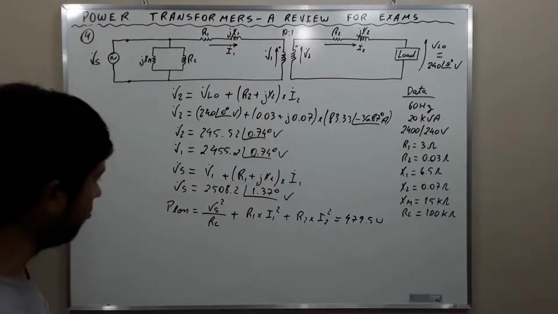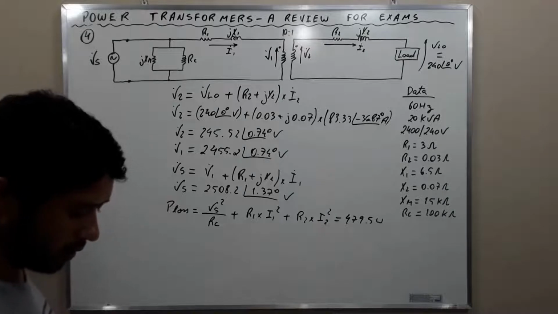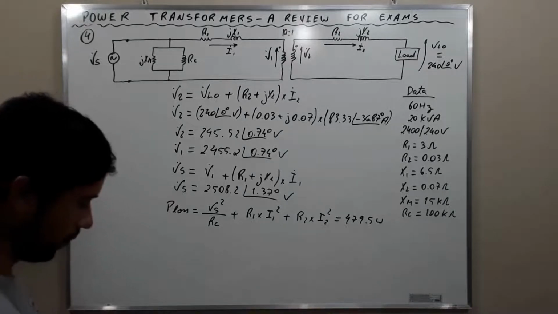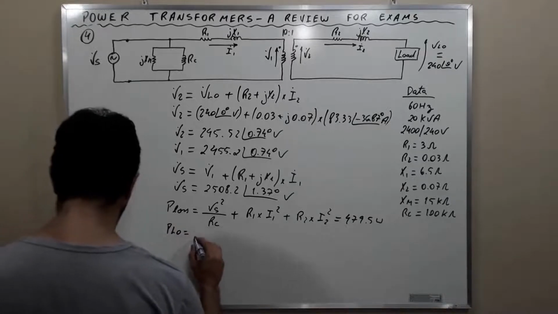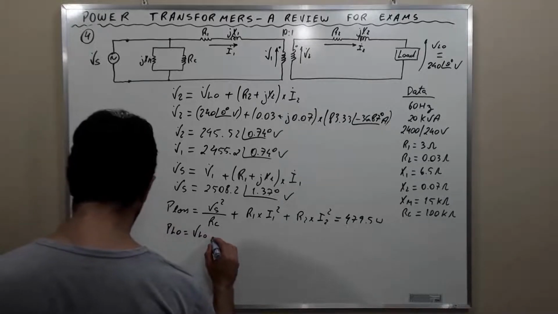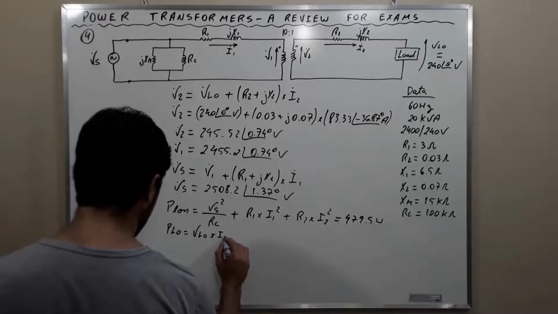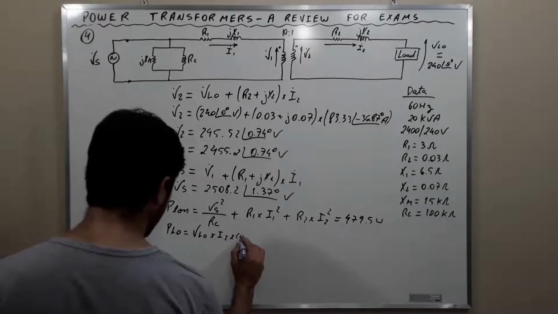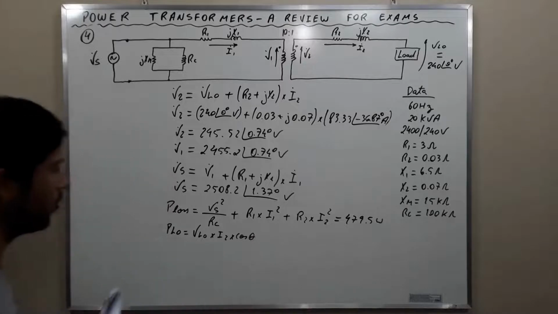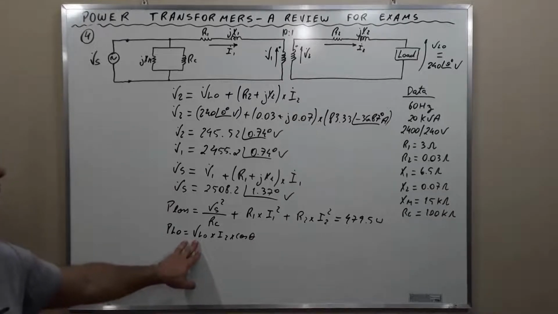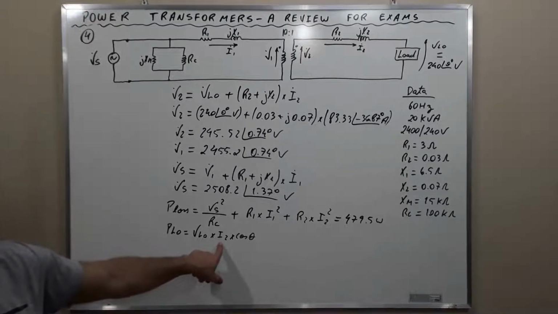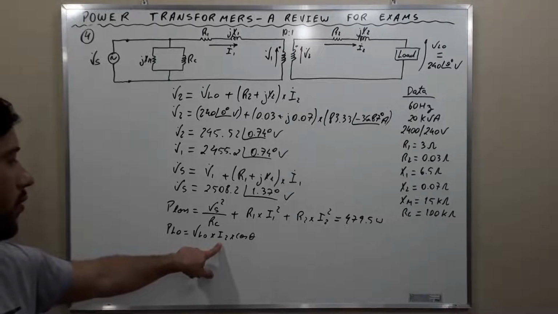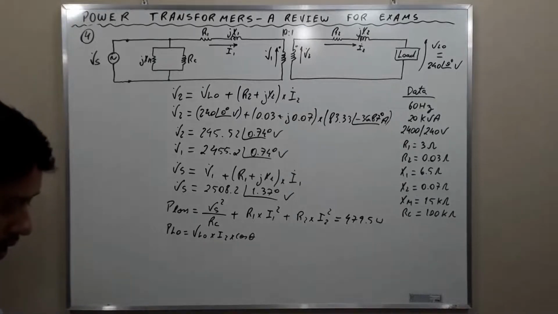Okay, now we can calculate the power delivered to the load. The power delivered to the load is equal to V load times I2 times the cosine of the angle. V load is our reference, 240 phase 0 degrees volts. I2 we calculated, we're going to use only the magnitude of the current and the cosine of the angle.